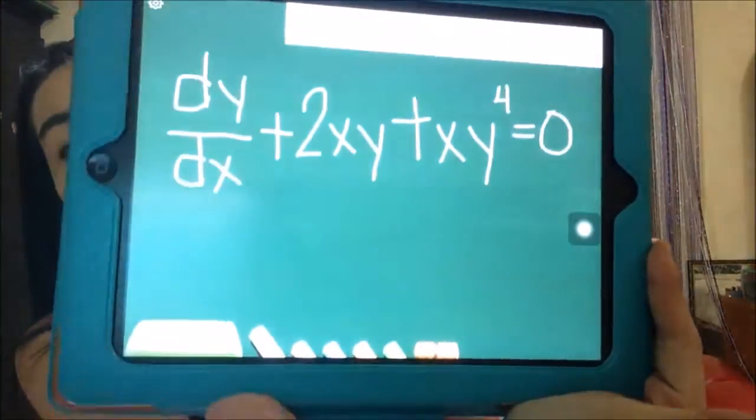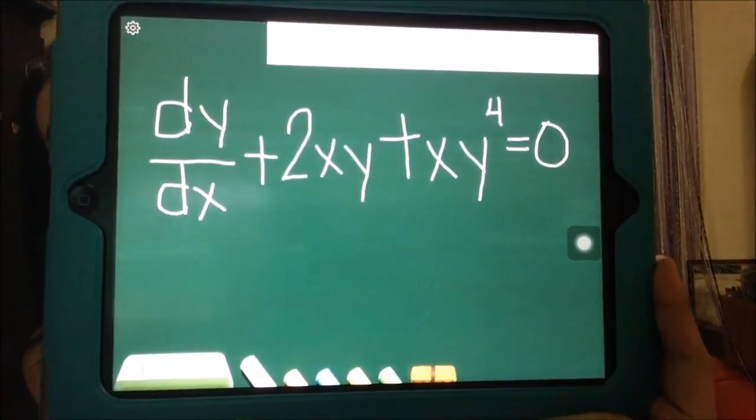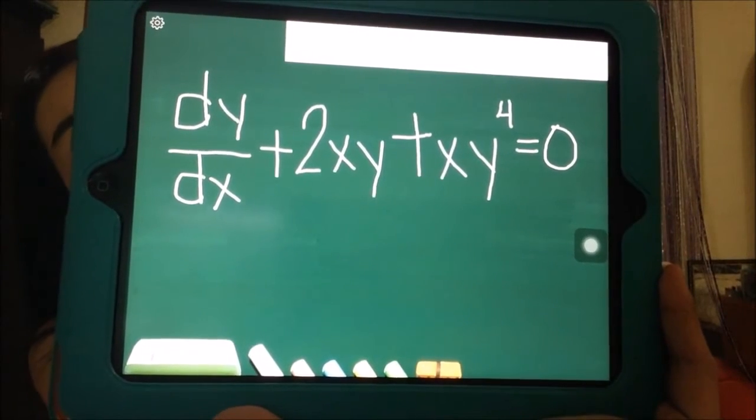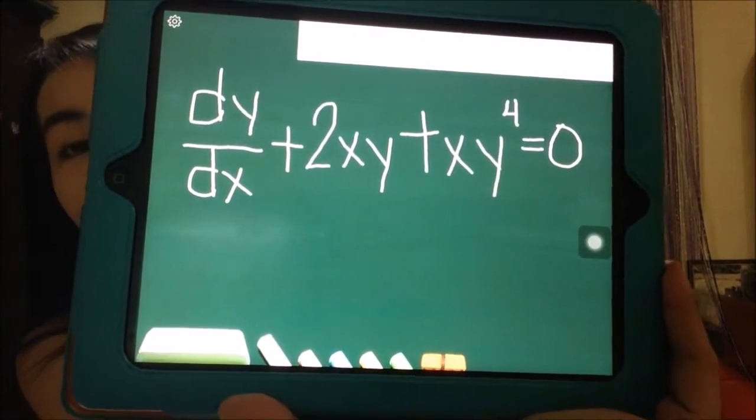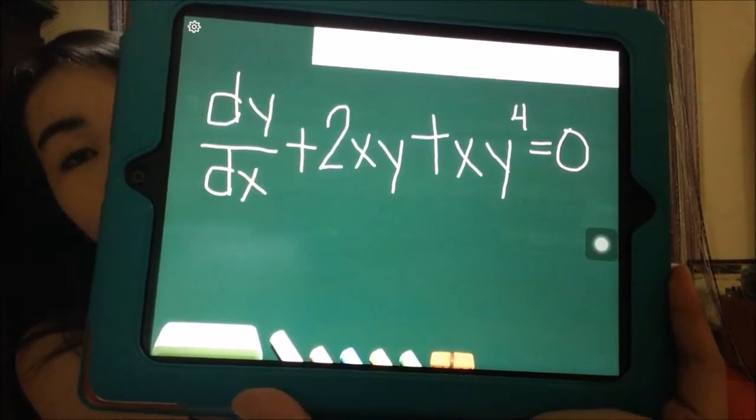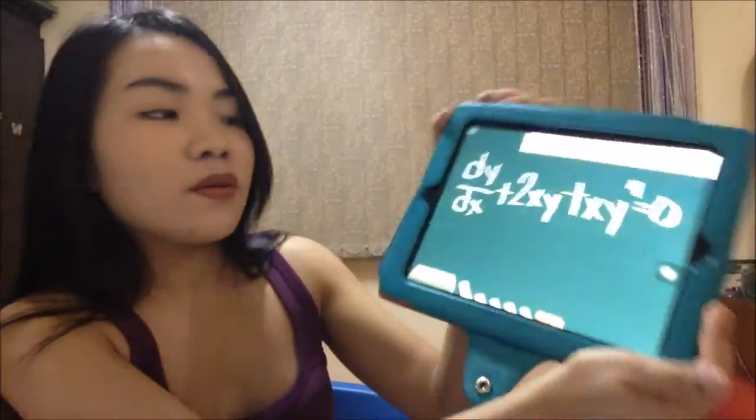Second example. This is a more complex example than the first. Here, I'm going to show you dy over dx plus 2xy plus x y raised to 4 is equal to 0.